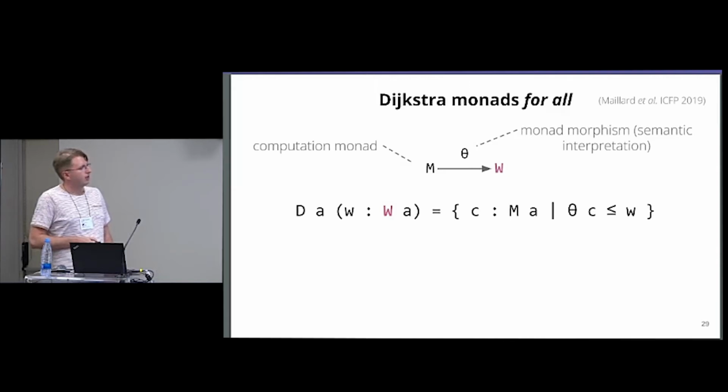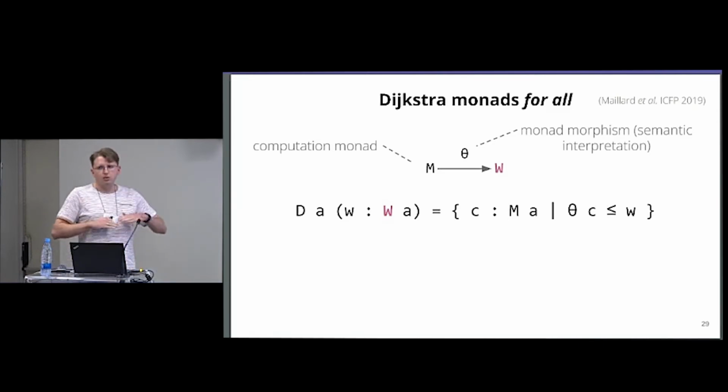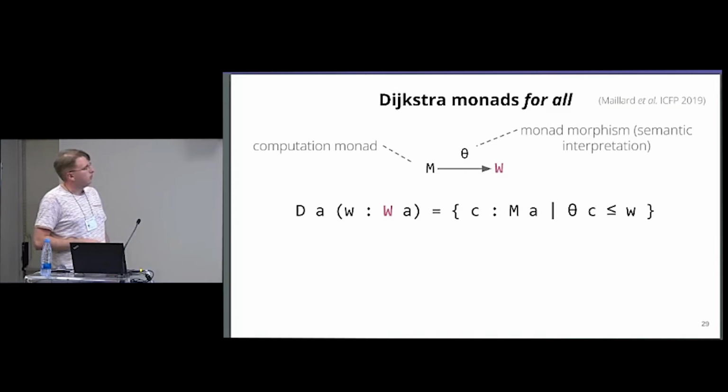What this property says is that the semantic interpretation of the computation must imply W. That's from here. Right? So this monad morphism lifts the computation from the computation level to the specification level, and then it compares that with the specification from here.